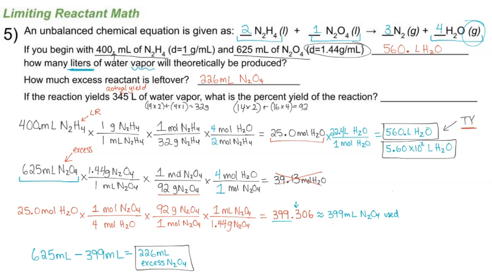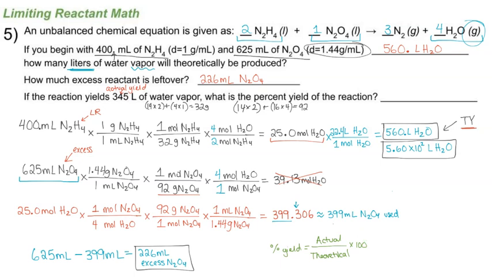So we have our theoretical yield. Our actual yield is given, so to calculate our percent yield, we are just going to do, so our percent yield will be equal to the actual divided by the theoretical, and then times 100 to convert it to a percent. Okay, so let's do that.